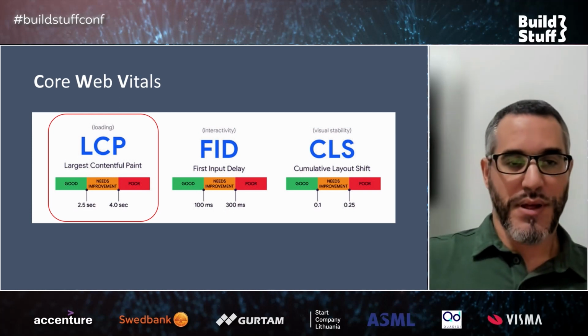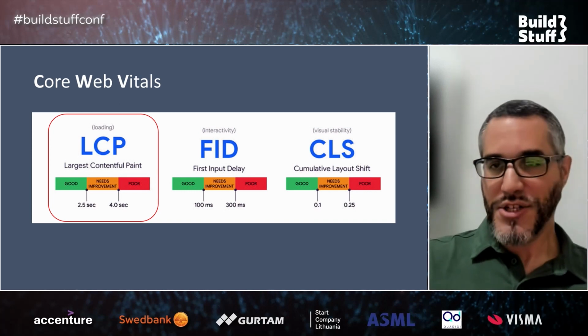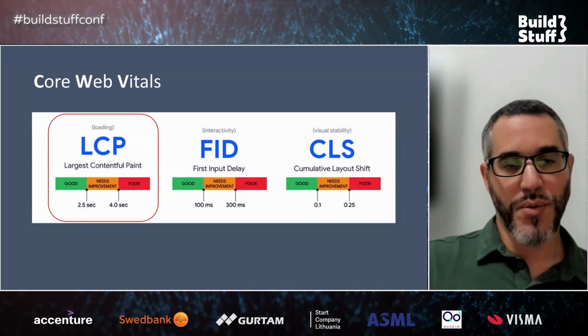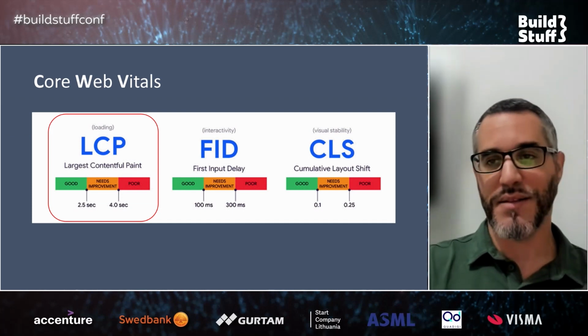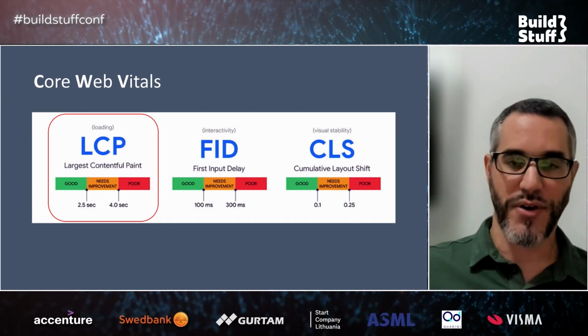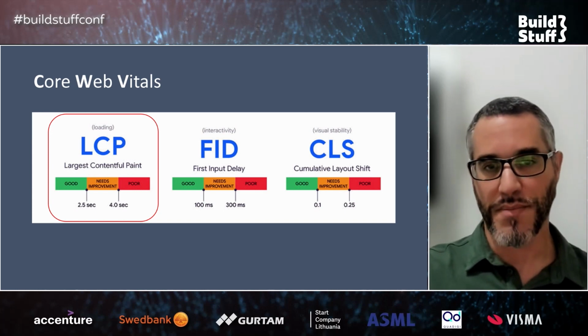If you're producing the largest contentful paint below 2.5 seconds, you're in a good place. Above 4 seconds, that means that your loading time is very, very poor, and you need to refactor.